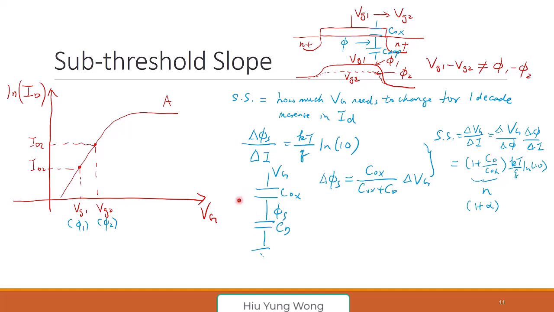Maybe I change Vg by 1 volt, the surface potential only changed by 0.8 volt. So my current does not increase as much as I want. So originally my subthreshold slope may be 60 millivolt per decade, but I need to increase more to 80 millivolt per decade in order to have my current increase by 10 times.